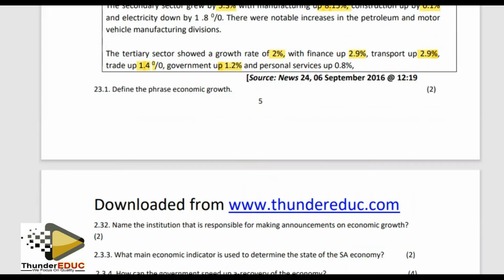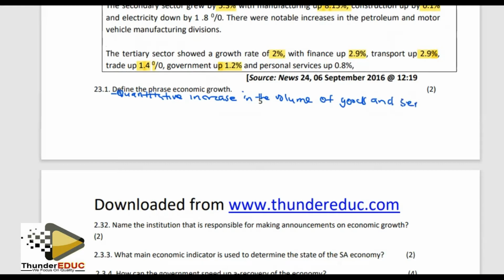So economic growth refers to the quantitative increase in the volume of goods and services. This means that goods and services have increased in number.